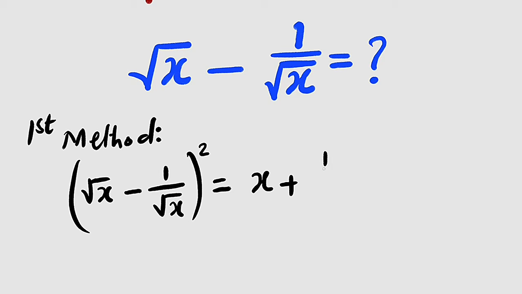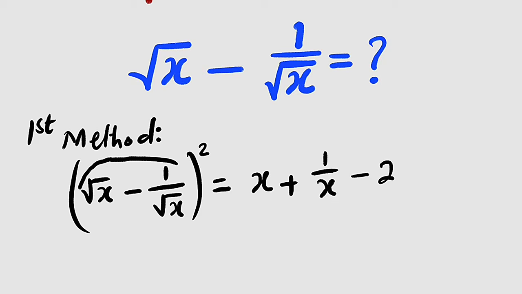If you square that, you obtain 1 divided by x. Then the minus, because of that minus sign, 2 multiplied by this, multiplied by this. If you multiply these two terms together, you obtain negative 1, and negative 1 times 2 will still give us negative 2. So this is just the expansion.